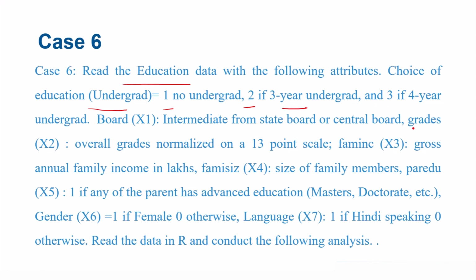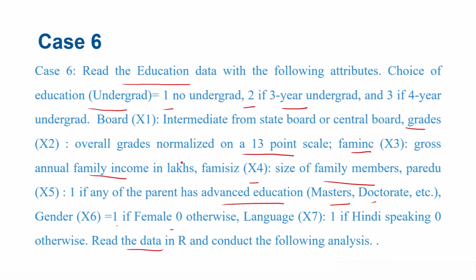Next variable is grades, x2, overall grades normalized on a 13-point scale. Then you have family income x3, gross family income in lakhs, family size, parents' education is 1 if any of the parents has advanced education like master's or doctorate, gender is 1 if female, 0 otherwise, and language is 1 if Hindi speaking, 0 otherwise.